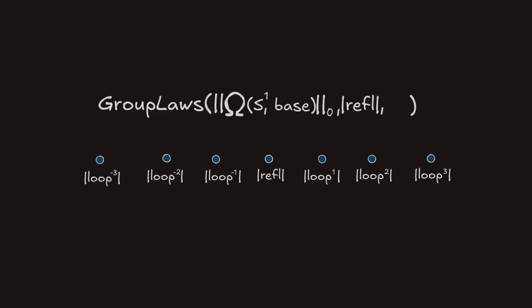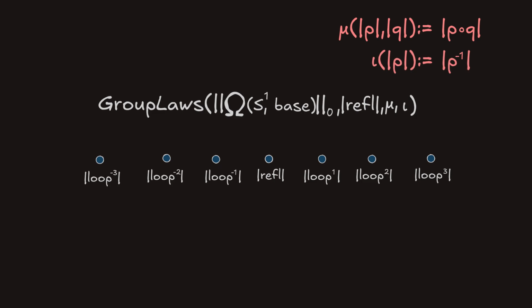For the composition rule, we say that the term constructed from P composed with the term constructed from Q is equal to the term constructed from P composed with Q. And finally, we let the inverse of the term constructed from P be equal to the term constructed from the inverse of P.